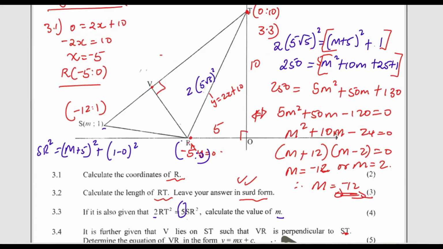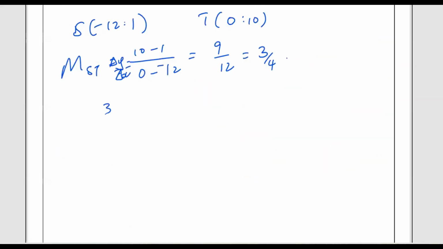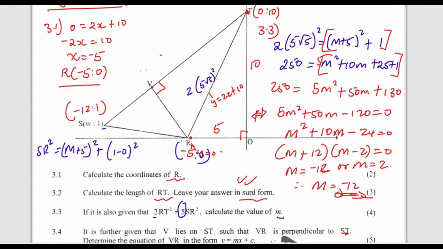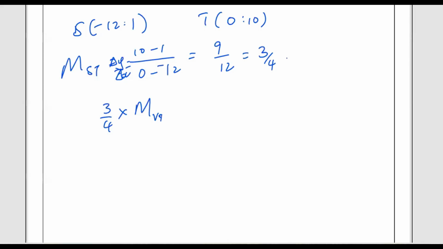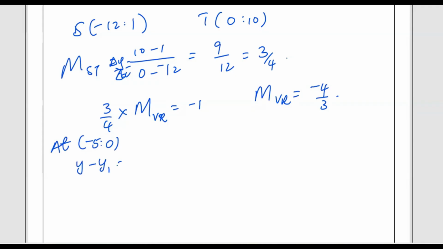Now, if they are perpendicular, meaning that the 3/4 multiplied by the gradient of VS, no, it's VR, the gradient of VR must give us -1. So the gradient of VR becomes -4/3. VR is passing through (-5, 0). For the equation, I'm going to use y minus y1 equals m into x minus x1.